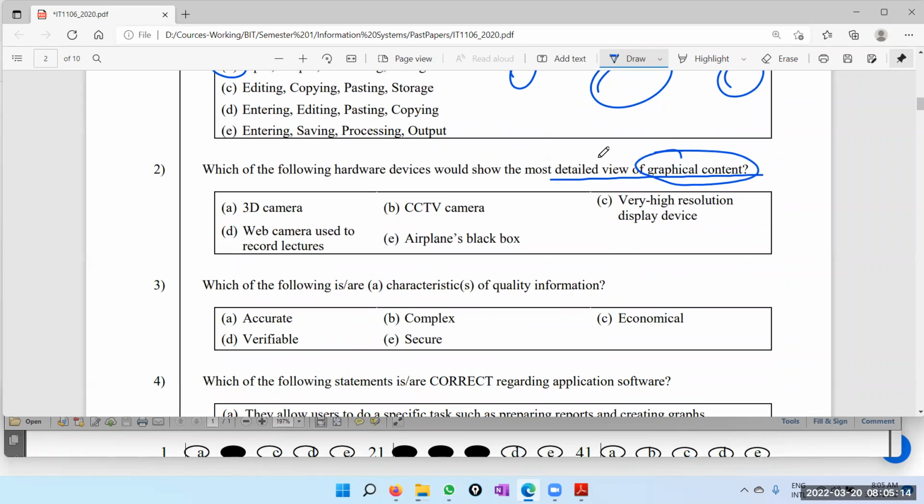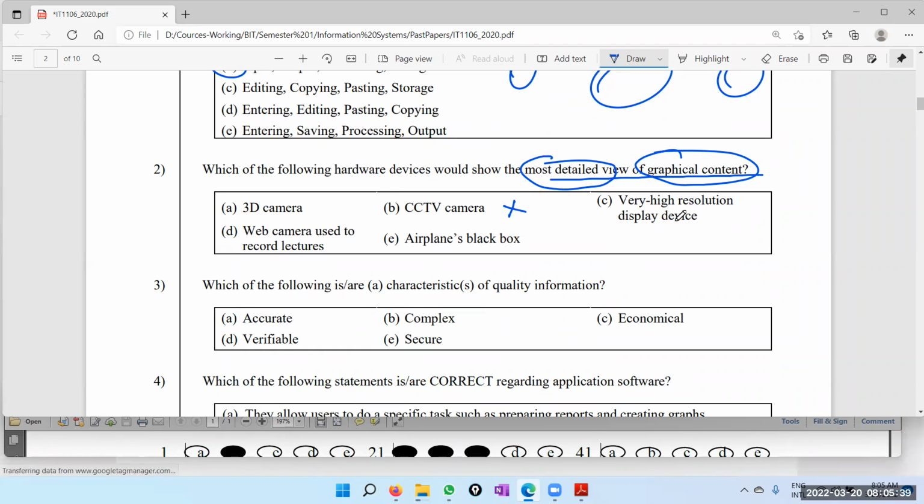So pay attention to each and every word. Detailed view. 3D camera, CCTV camera. We know that in a CCTV camera, you don't get a detailed view. It's just cheap, just to monitor some place. Usually with a CCTV camera, we don't need details other than to recognize someone's face. We'll not take this.